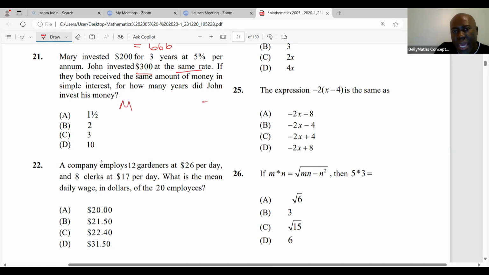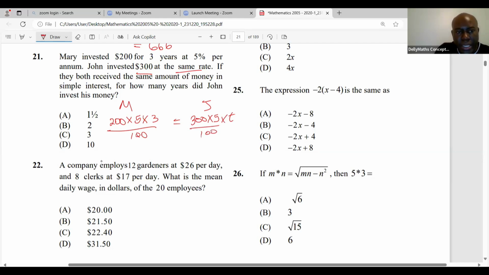So let us look at Mary's interest. Mary's interest is simply the principal 200 times the rate, which is 5, times the time, which is 3, over 100. John is going to equal to his principal, which is 300, times the same rate, which is 5, times t, which is what we intend to find.